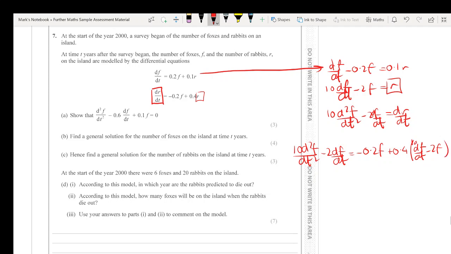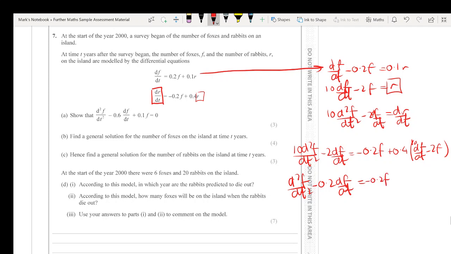Okay, now we're trying to get it equal to 0, so if we move stuff to one side, and there's a 10 here, and there's a 10 here, so if we divide by 10, we can get rid of the 10 in front of d2f dt squared. Let's divide everything by 10, so we're going to get d2f by dt squared minus 0.2 df dt, and then we're dividing that by 10, so we're going to move it across. Actually, we could multiply this out first.